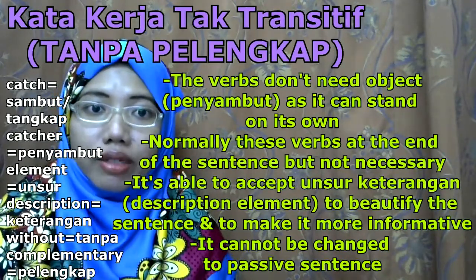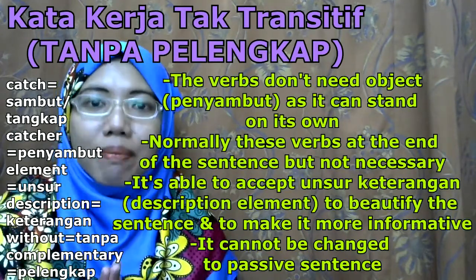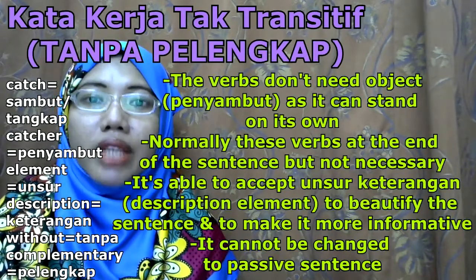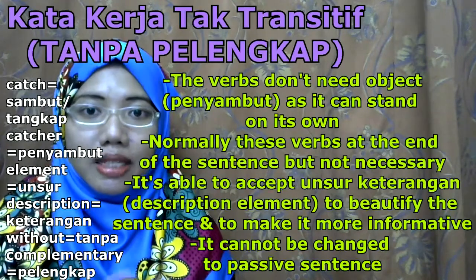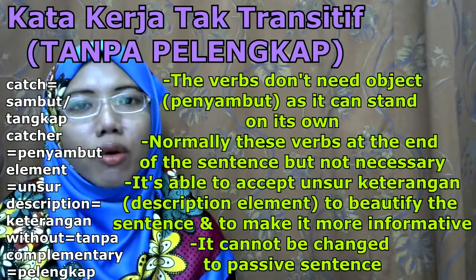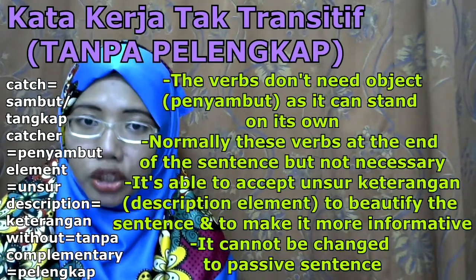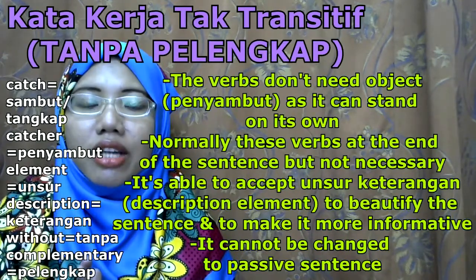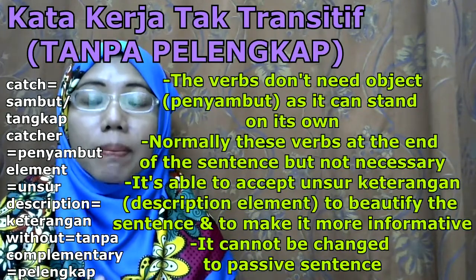And normally these verbs at the end of the sentence, but not necessarily like that. But anyway, even it can stand on its own, these verbs able to accept the unsur keterangan or what we call as description element, which is to beautify the sentence or to make it more informative. And one thing about this is it cannot be changed to passive sentence. And this is the criteria for kata kerja tak transitive tanpa pelengkap.